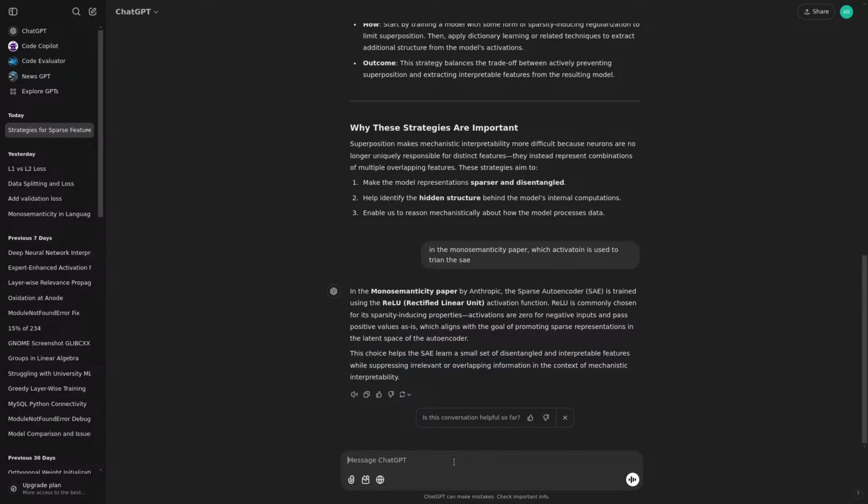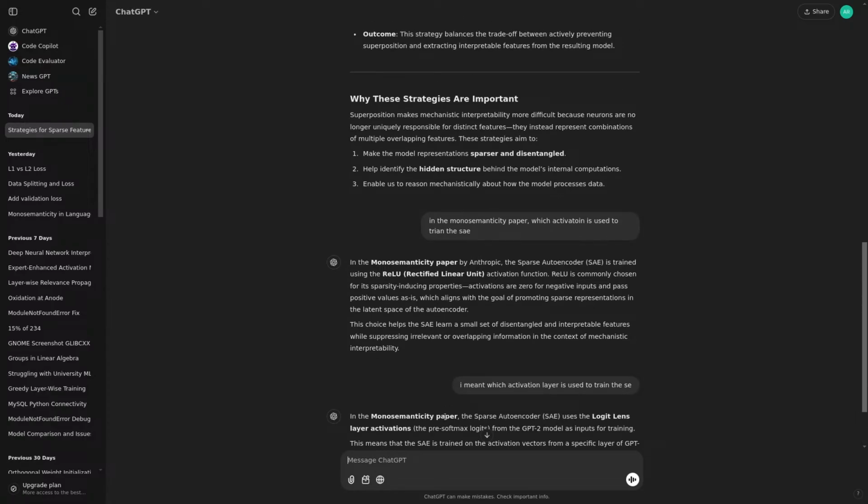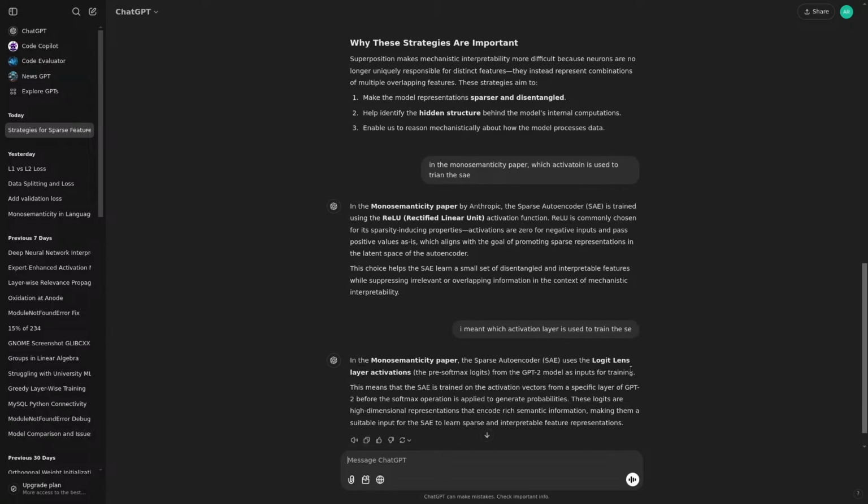What I meant, okay, I meant which activation layer is used to train. Logit lens activation, the pre-softmax logits from the GPT-2 model. GPT-2 model? What do you mean GPT-2 model?